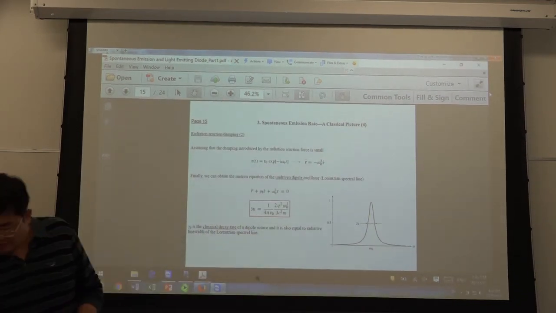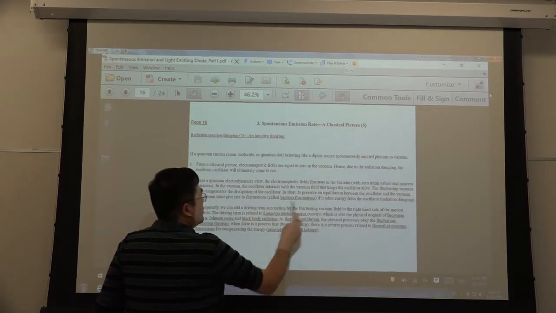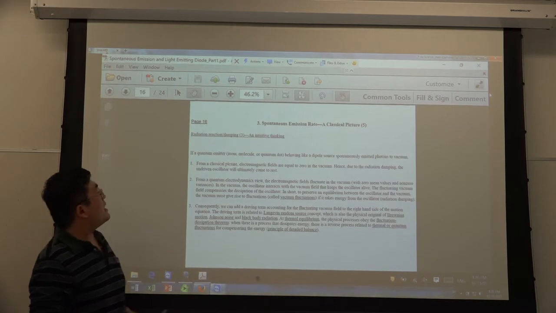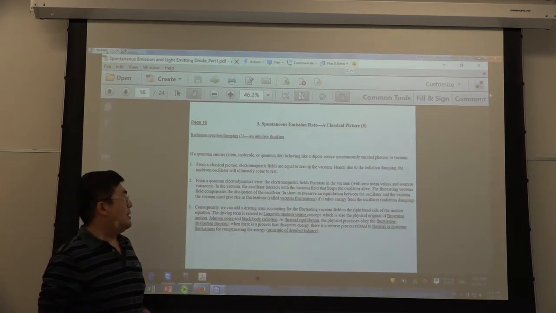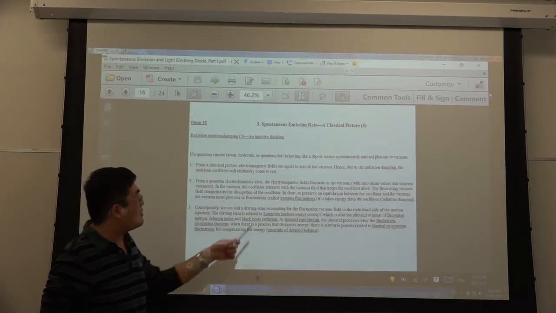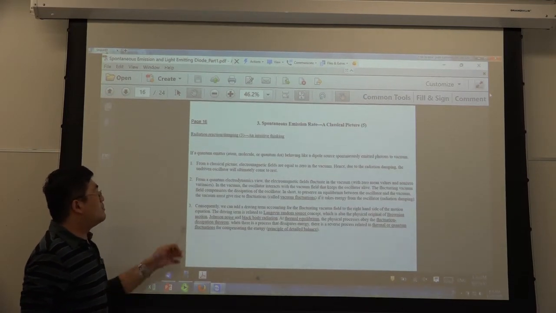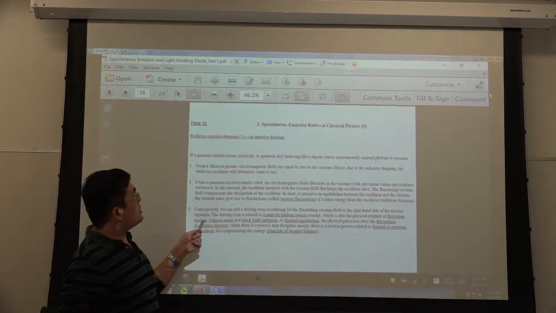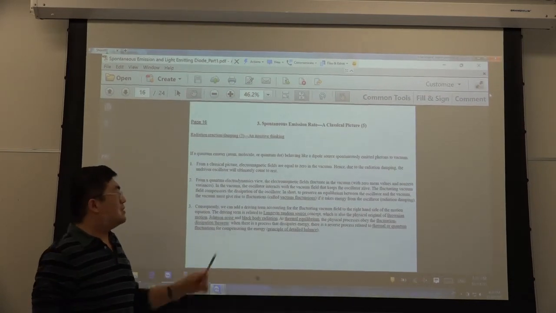This driven term is related to the fluctuation field, and it has a name: the Langevin random source. Everyone knows Langevin, a very famous physicist. The Langevin random source is also the physical origin of Brownian motion, Johnson noise, and black body radiation. Many phenomena come from this.